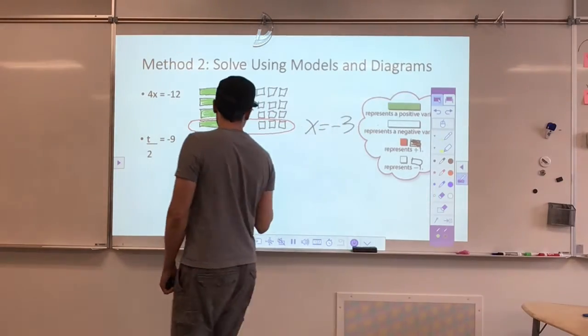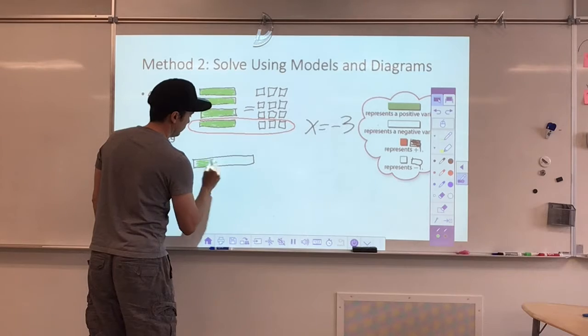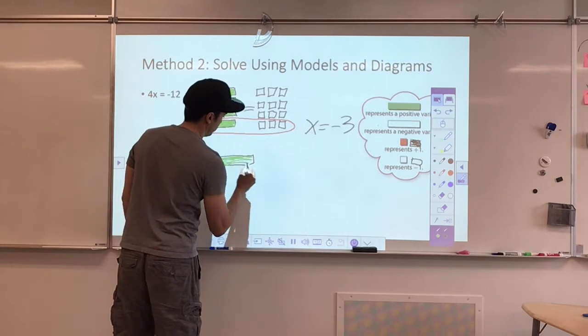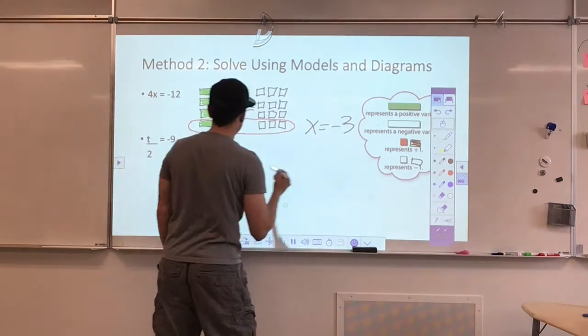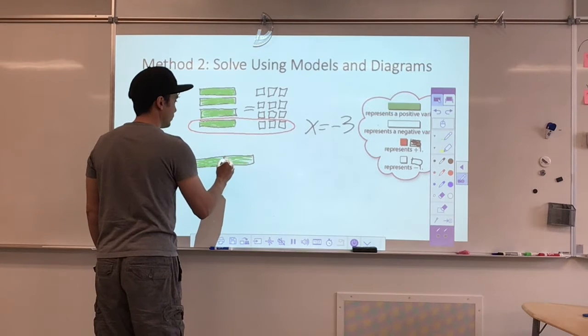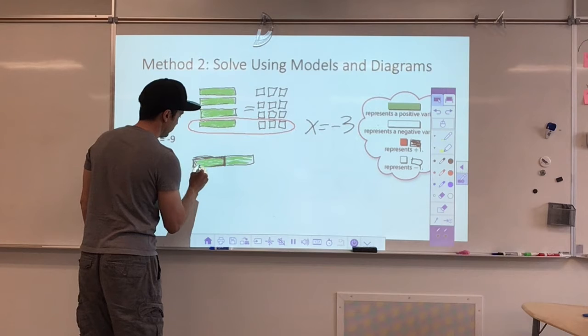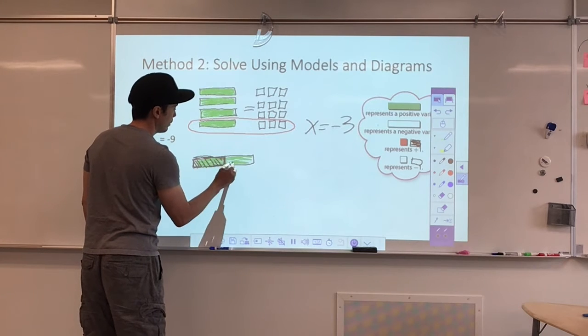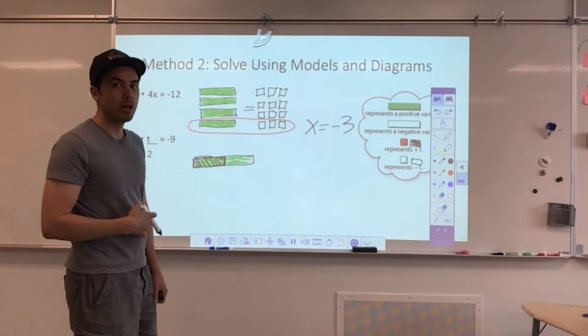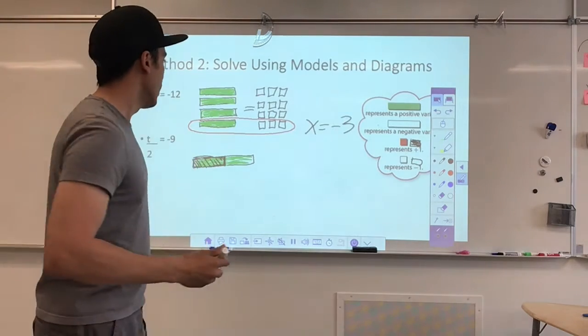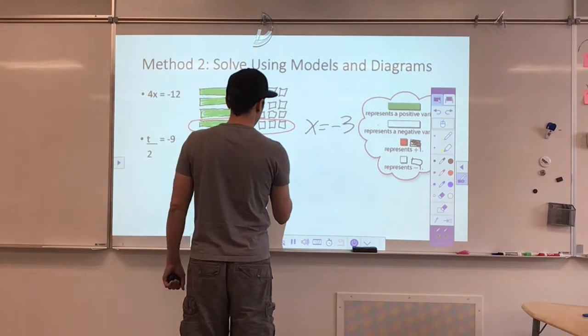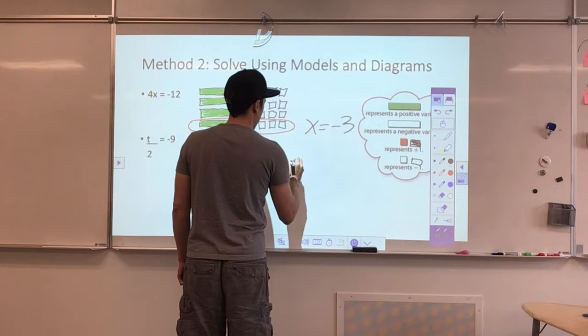So if I was to shade this in, I only got half of it. So this is the half that I have right here. That half I do not have at this point. And I know this is equal to negative 9.